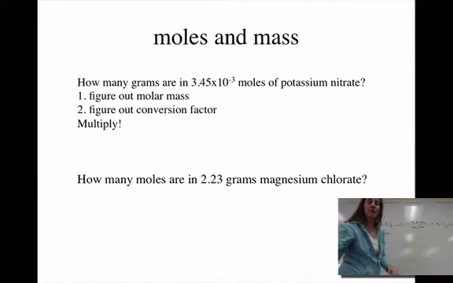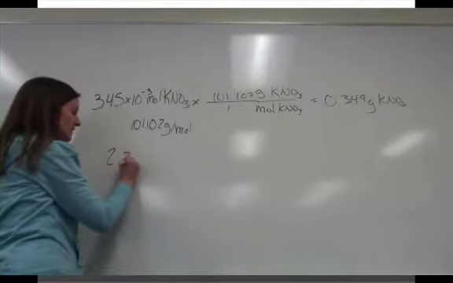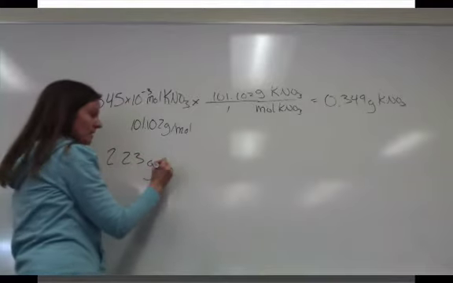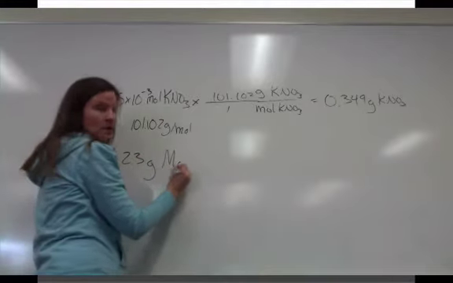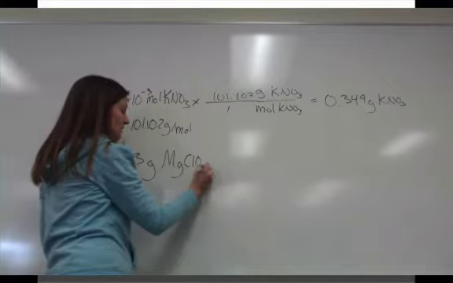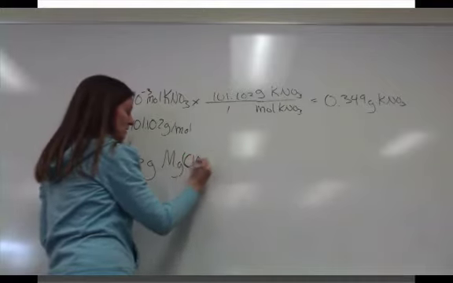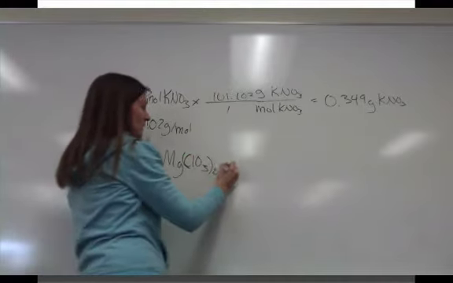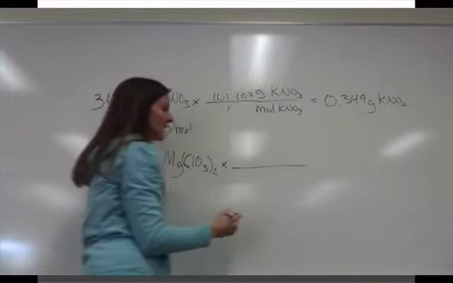If we had another problem like this one on the bottom, where you're going from grams to mole instead of from mole to grams, the difference here would be, if I set this up, magnesium chlorate, okay, multiply, draw your line.